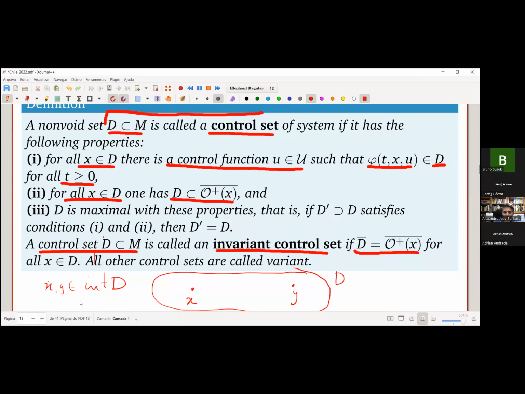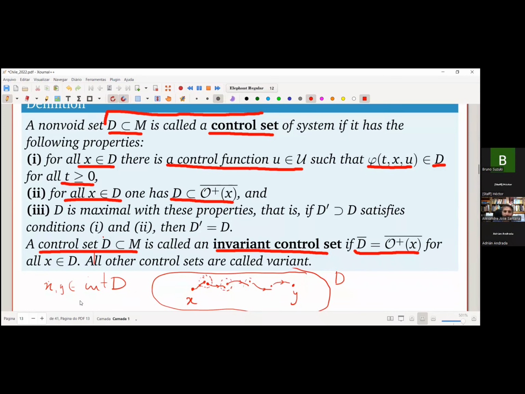We can go until this point, take a nearby point and go to another point, take a nearby point again and go until another point. Using these jumps, we can reach y. And this jump is given by some distance, epsilon.